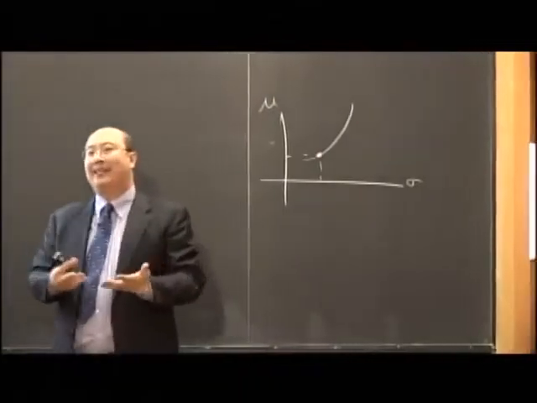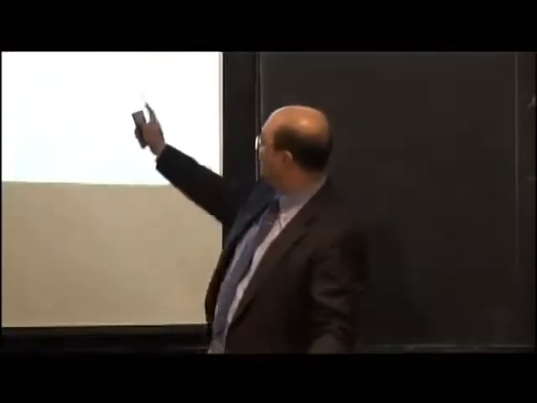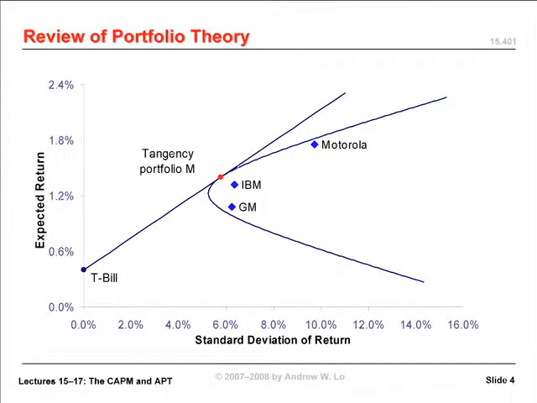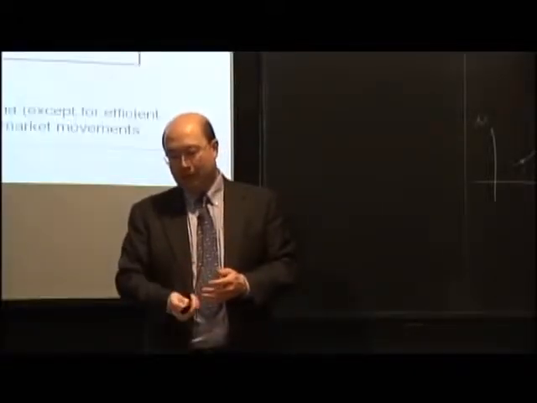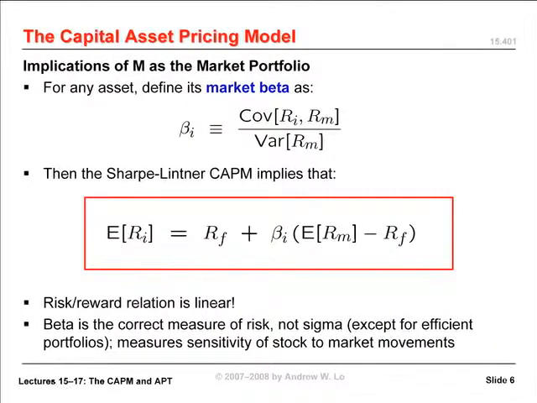You wouldn't expect linearity. But in fact, it drops out. I mean, this drops out of this tangency portfolio argument, right? Nothing up my sleeve. This was an argument that we all did together, and we derived this curve from first principles. So this is really an astounding result, but it's even more astonishing that you get this result for all securities, not just for efficient portfolios.